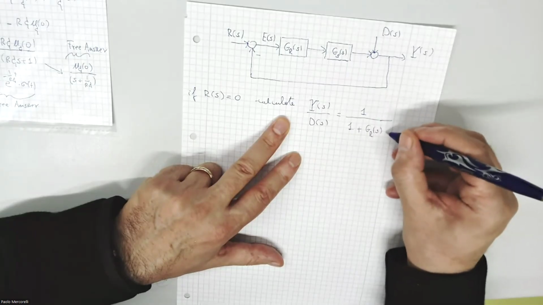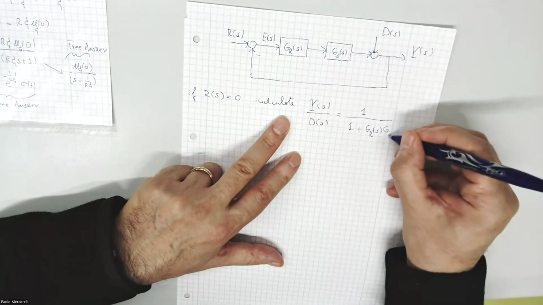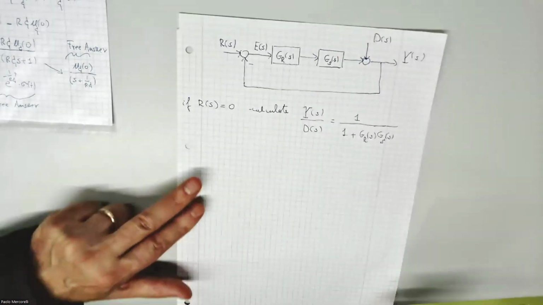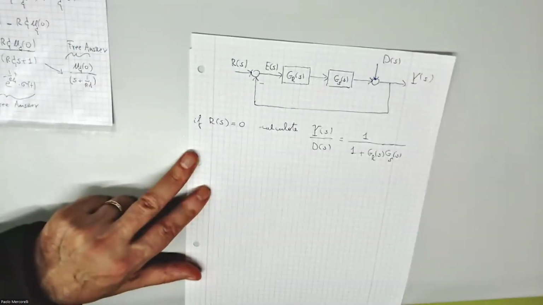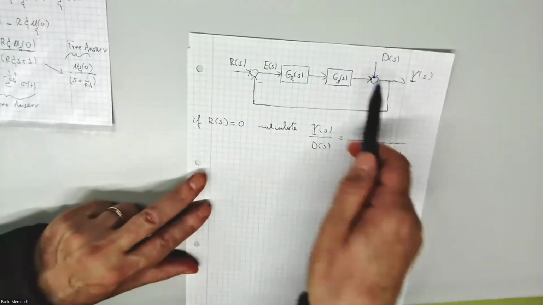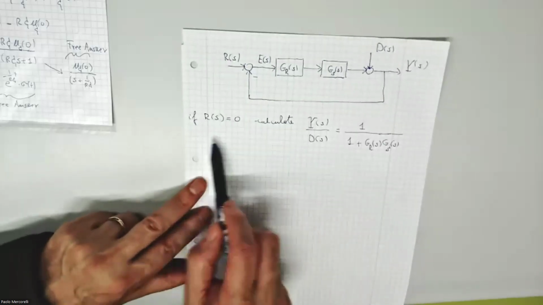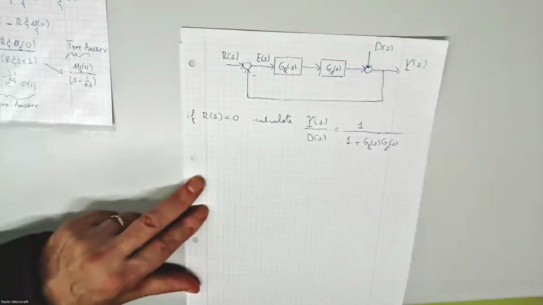I will repeat the rule for you because it's important. You can avoid calculations. I explained the calculation for different transfer functions, but I didn't put these calculations in the slide.